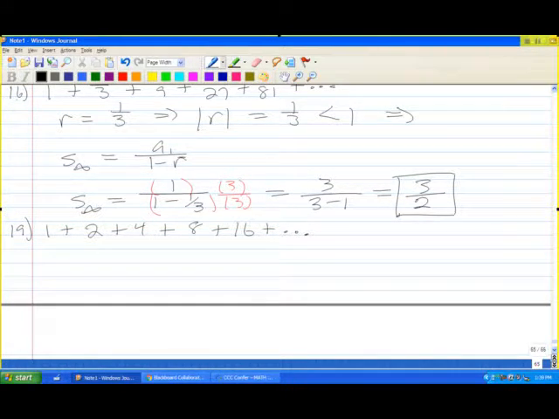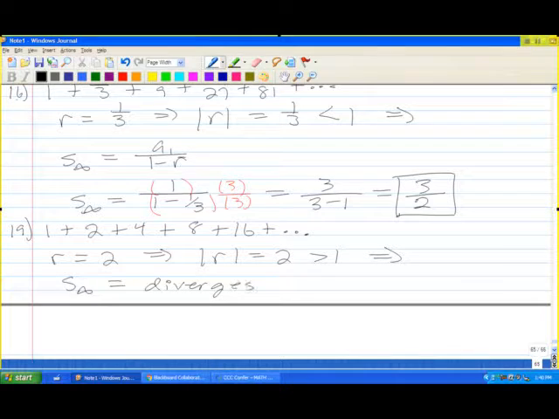Well, notice that in this case the common ratio r is 2, which says that the absolute value of r is greater than 1. Therefore, this infinite geometric series gives us a very strange answer. It is said to diverge, so it gives us this divergent answer. Notice that you keep adding up bigger and bigger and bigger numbers.